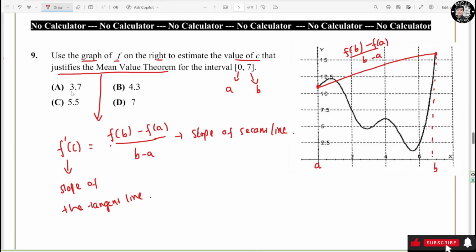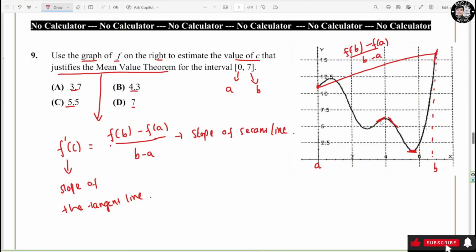Now we look at the answer choices right here: 3.7, 4.3, 5.5, and 7. So we're going to sketch the tangent line at s equals 3.7, 4.3, 5.5, and 7. It could be something like this, and 4.3 could be something like this, and the last one is right here.